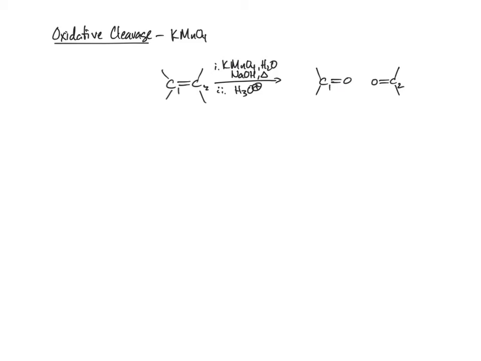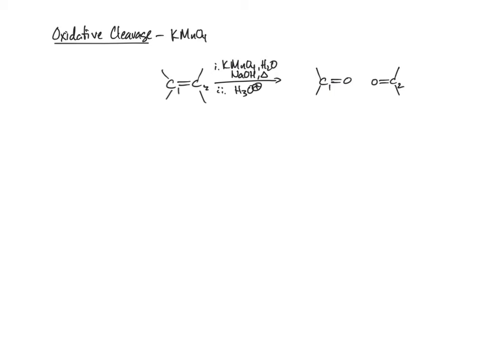And so this is an example where knowing the details matters, because what changes now is this symbol here, this delta, which means heat. We're using the same conditions that did the dihydroxylation, but the presence of the heat actually goes further, and we transform our alkene. So I've labeled C1, C2. We actually add oxygens to each.